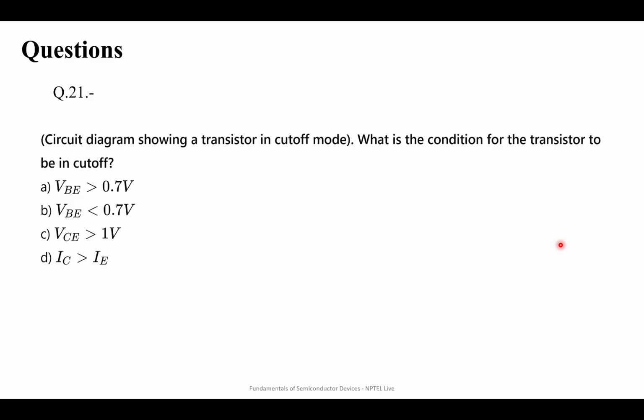So what is the condition for the transistor to be in cutoff? VB greater than 0.7 volts, VB less than 0.7 volts, VC greater than 1 volt, IC greater than IE.